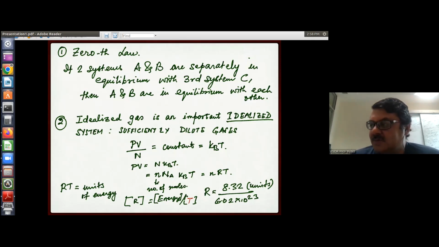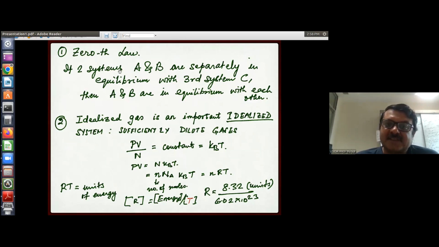Now suppose you have two different objects, right? And it shows the same temperature. It also assumes that both A and B, these two objects, are separately in equilibrium with a third system, suppose the thermometer.